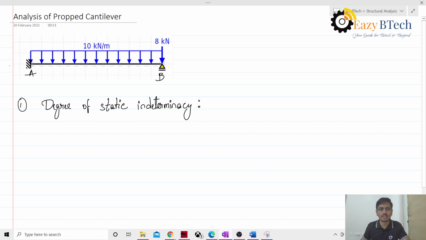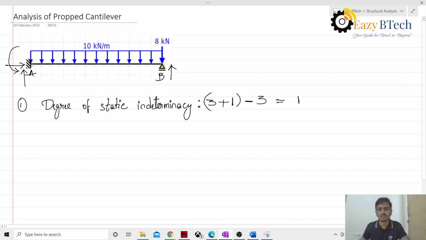Since this is a fixed end, we have a horizontal reaction, a vertical reaction, and a moment. So we have three reactions, plus, how many reactions at support B? We have only one reaction. Minus the number of equilibrium equations. How many equilibrium equations do we have? 3. So solving this, the degree of static indeterminacy we get is 1.